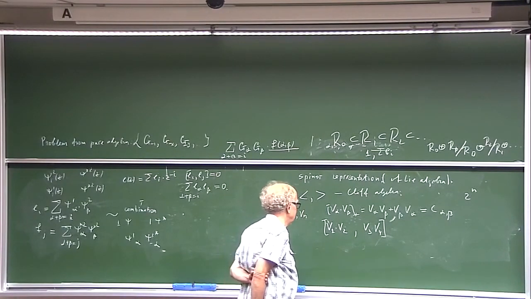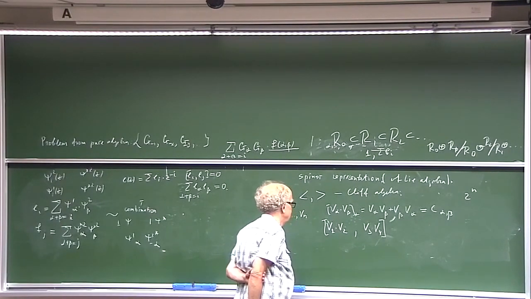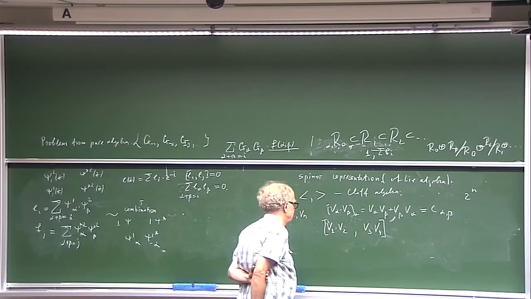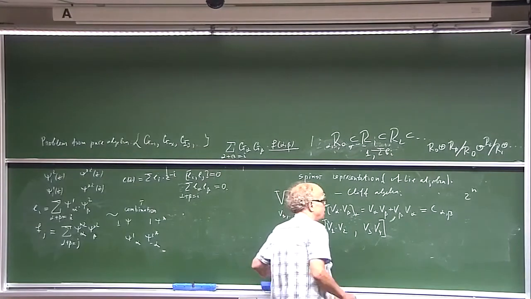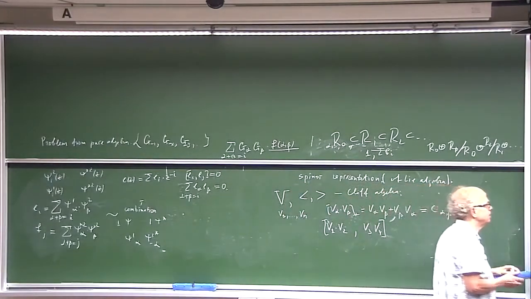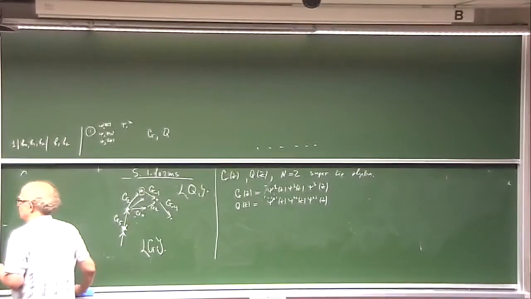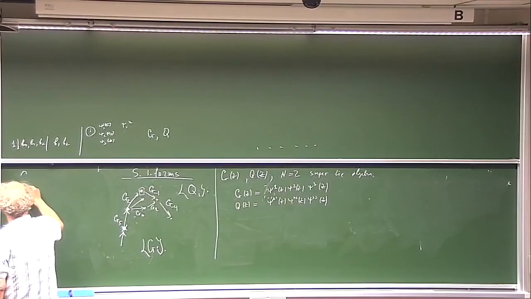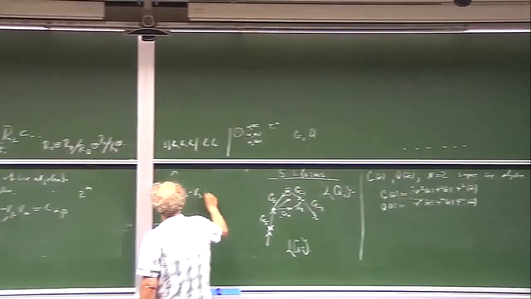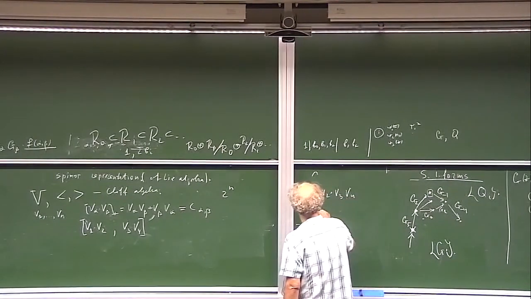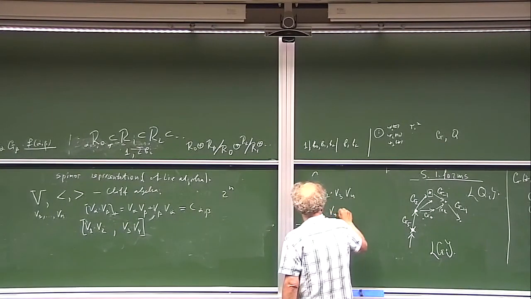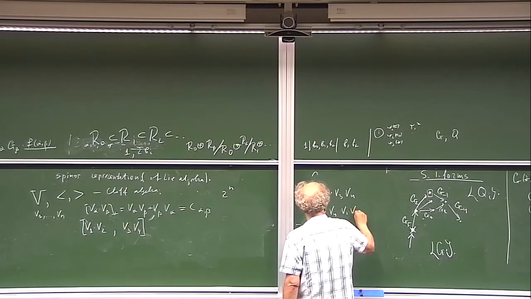It is also not a big deal. So we write down V1 times V2 times V3 times V4 minus V3 V4 times V1 times V2.